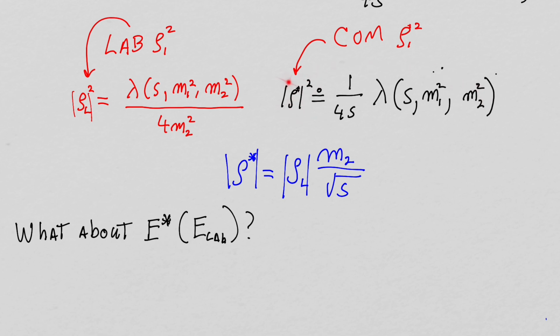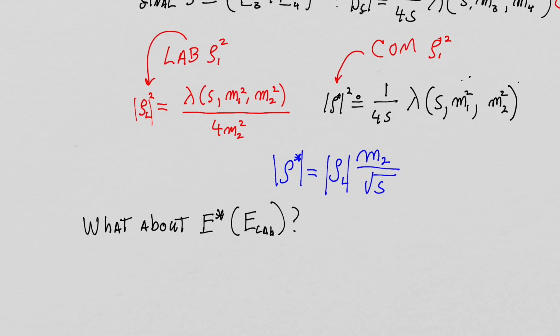And when you divide this by this, you basically end up with this expression. The relationship between the center of mass momentum and the lab momentum is just m over the square root of s. And that is a very interesting relationship. We'll study it a little more later, but we're going to put it on the shelf for now.